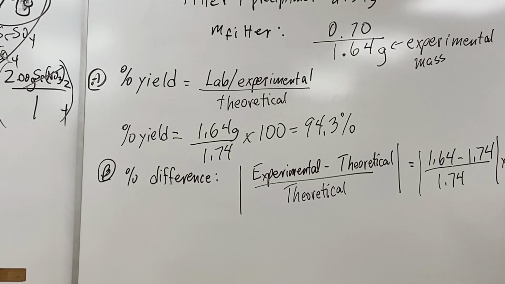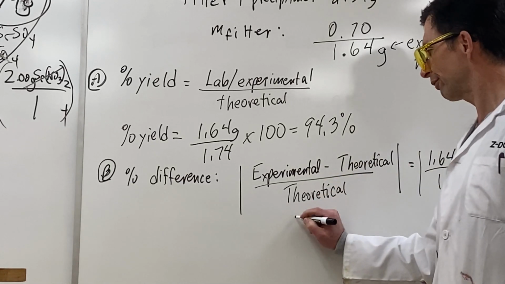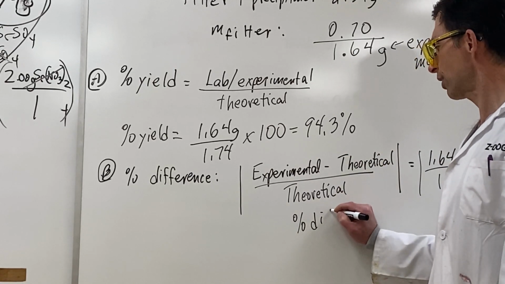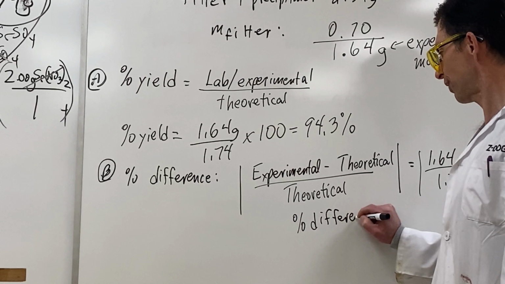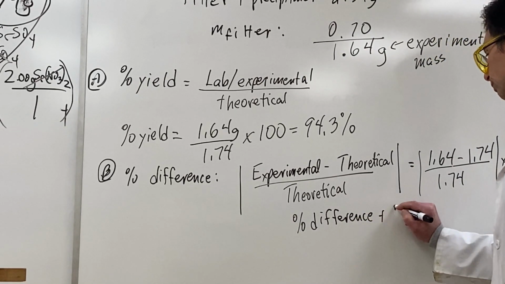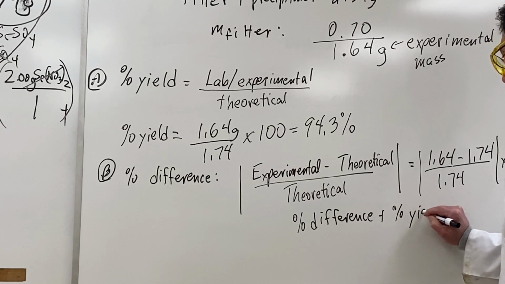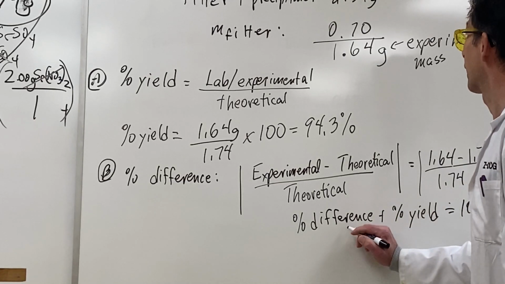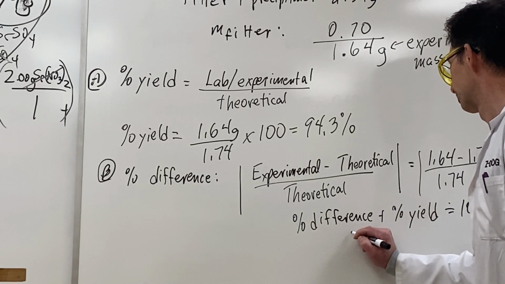Notice everybody that percent difference plus percent yield always gets you right around 100%, give or take rounded values. It's pretty good. 5 and a bit percent difference, fantastic.